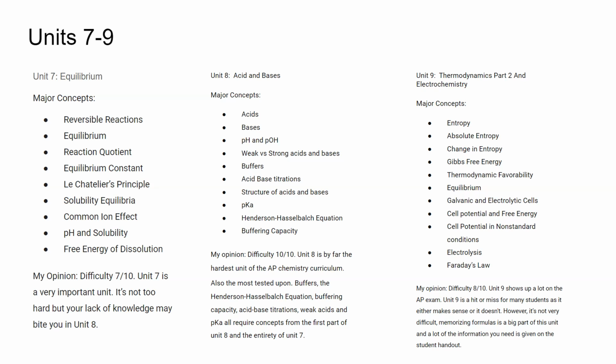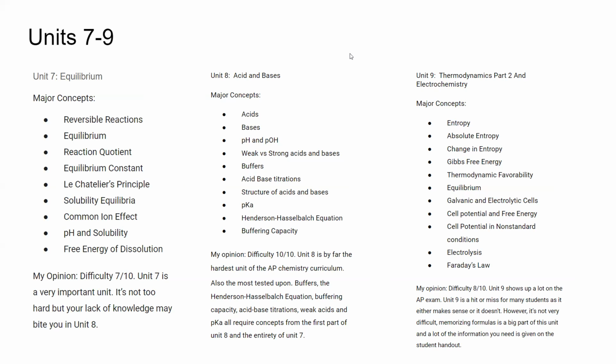Le Chatelier's principle will also be quite important. There are no calculations to do with this, it's quite easy, but it is pretty useful. Solubility equilibria, common ion effect, pH and solubility, free energy of dissolution. The common ion effect and pH in solubility are very tied in with unit 8.